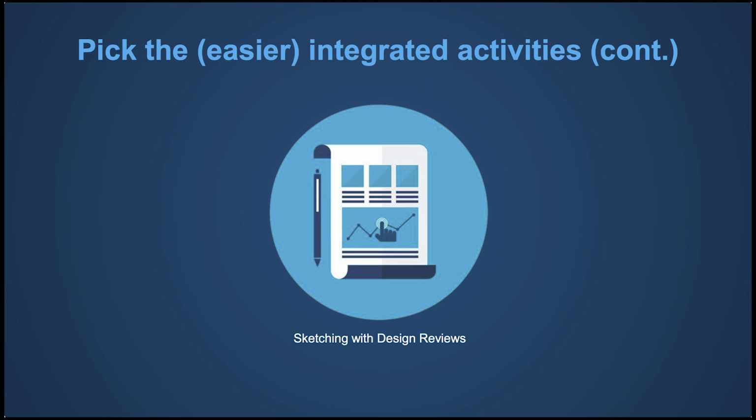Do these design reviews because they're, again, easily incorporated generally into any process. They don't require a very specific process or process change. They can be introduced, and people see the value of them quite quickly because the sketches will change because you're all getting different feedback and thinking about different things.